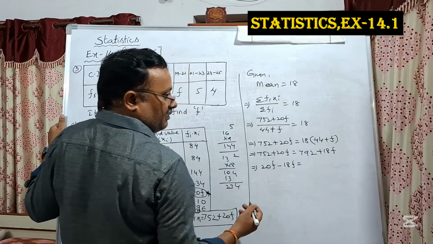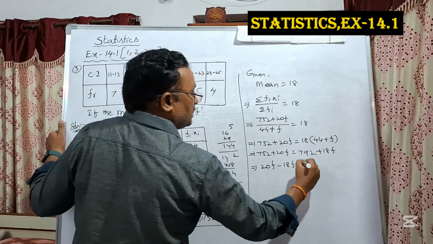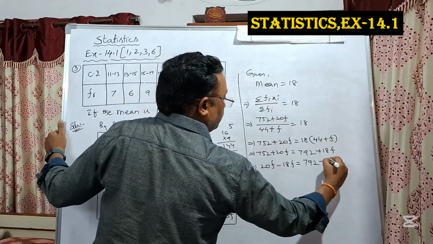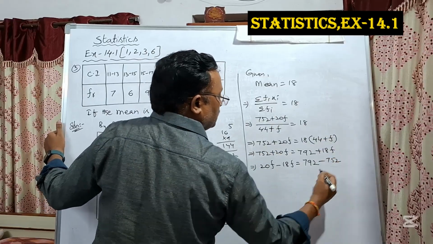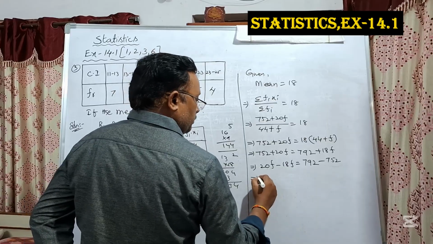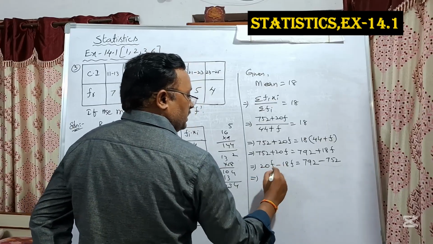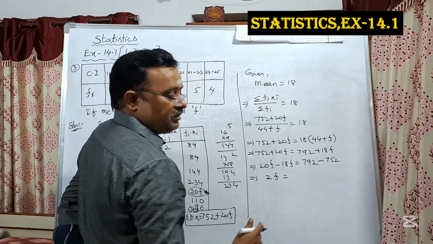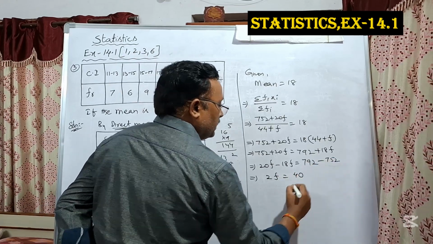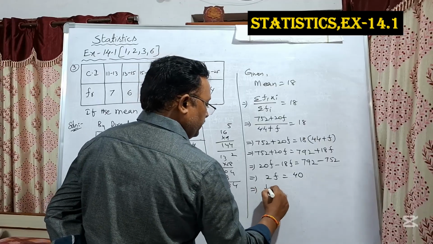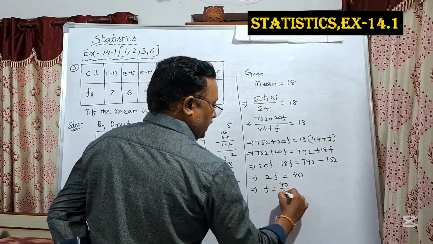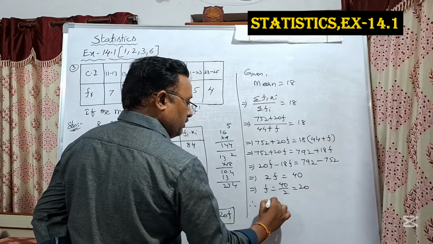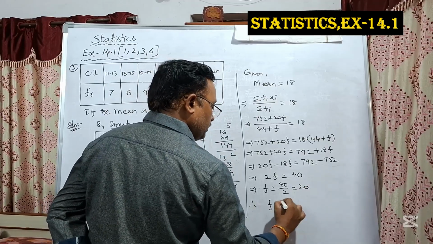And 752 goes to the other side as minus 752. So 20f minus 18f is 2f, equal to 792 minus 752, which is 40. This implies f is equal to 40 by 2, that is 20. Therefore, our missing frequency f is equal to 20.